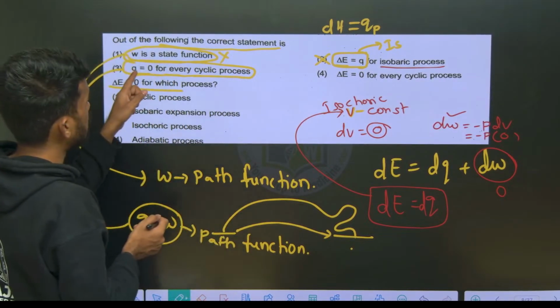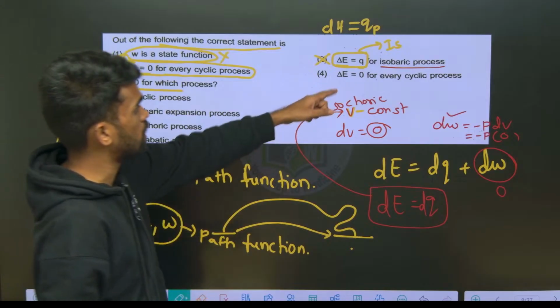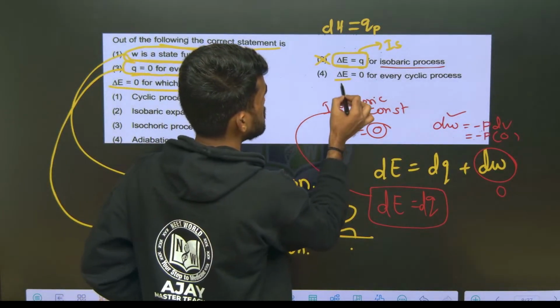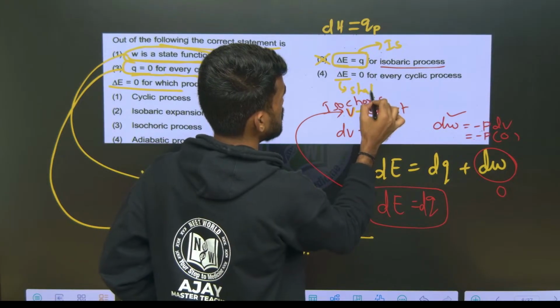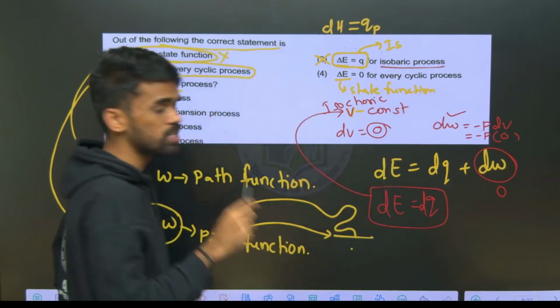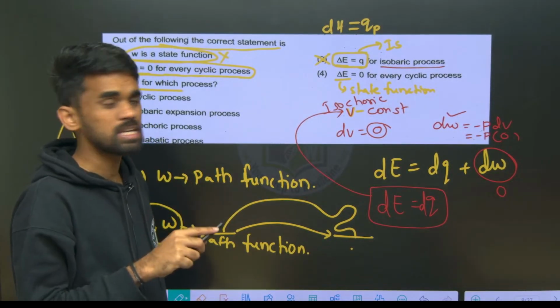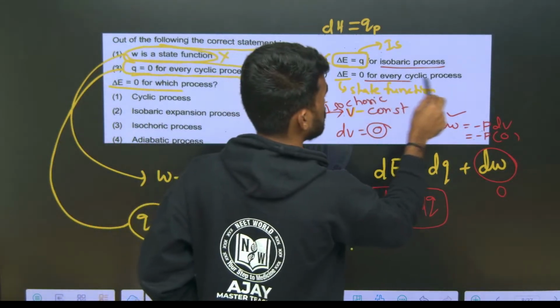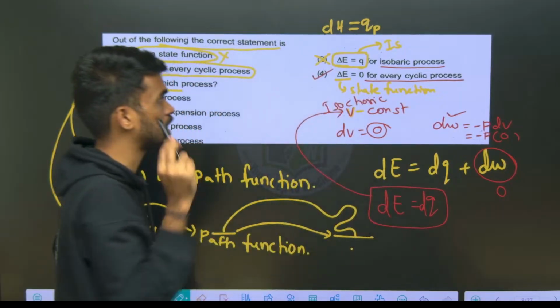So this is also incorrect. Next, delta E is a state function, so its net change in a cyclic process will be 0. So this will be the perfectly correct statement.